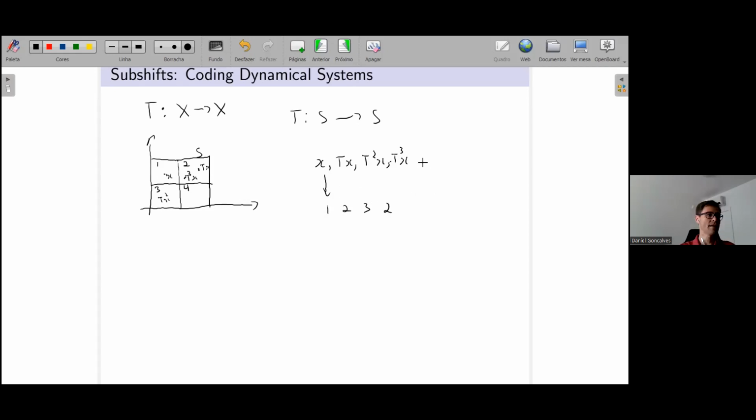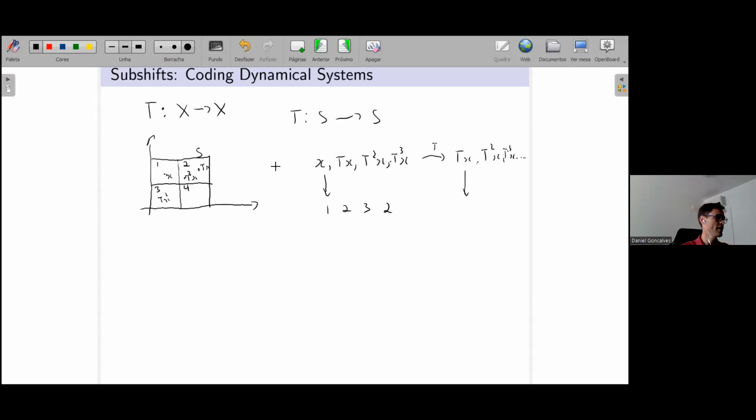So if I want to study the dynamics of this, that's the orbit of X, what happens to the orbit of T of X? If I apply T here, well, you'll just have T of X, T square of X, T cube of X, and so on, right? So if I follow this idea of how to code this orbit, this orbit is now sent to what?